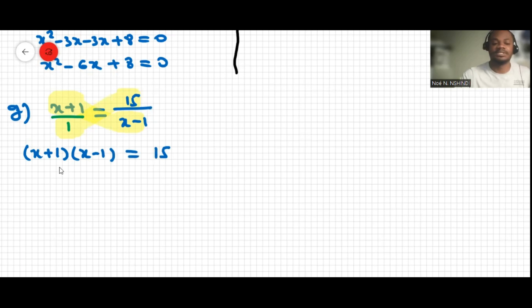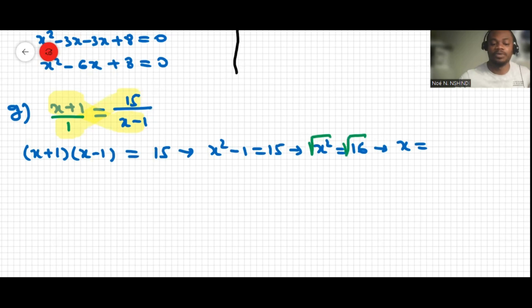This is the type of product that leads to the difference of two squares. So x squared minus 1 equal to 15. If we move the negative 1 over, that makes 16. Then x will be equal to what? We square root both sides. We get plus or minus there. x will be plus or minus 4.